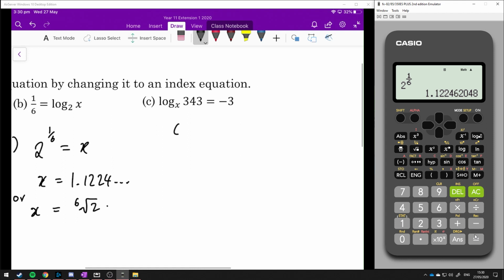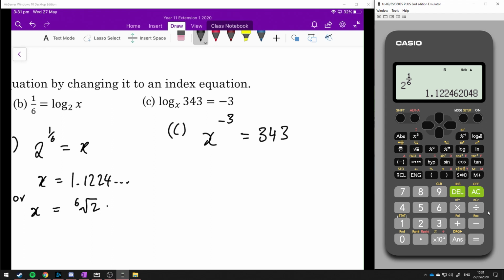Now the last one we've got is log base x of 343 is equal to negative 3. So this one's saying x to the power of negative 3 is equal to 343. So what does x need to be? To remove a negative 3, we could do the negative cube root.